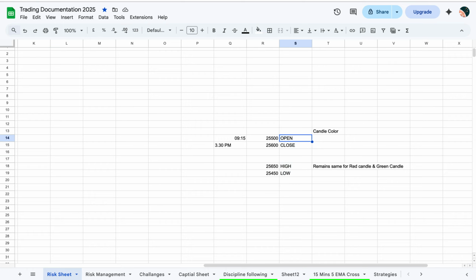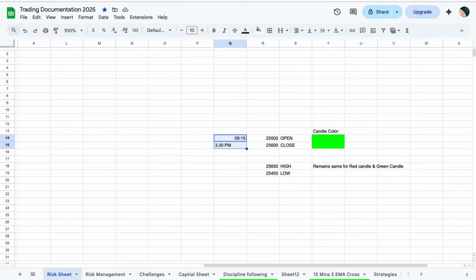In this scenario, what would our candle be? Imagine the market opened at 25,500 and closed higher than the open, which is a positive sentiment. So the candle color would be green here. Understand logically: because the market opened at 25,500 and closed above 25,500, the color would be green.